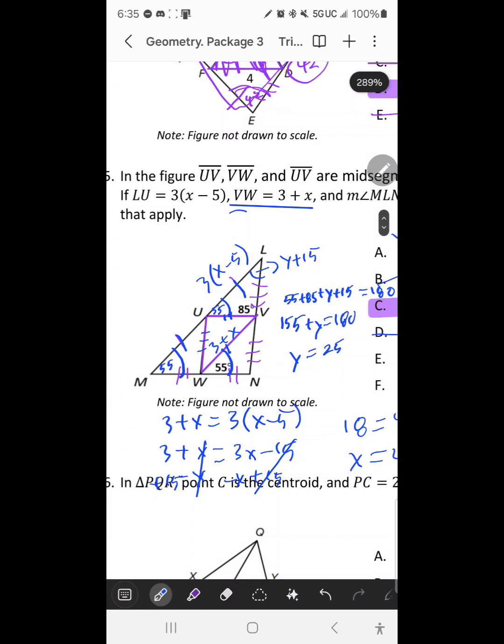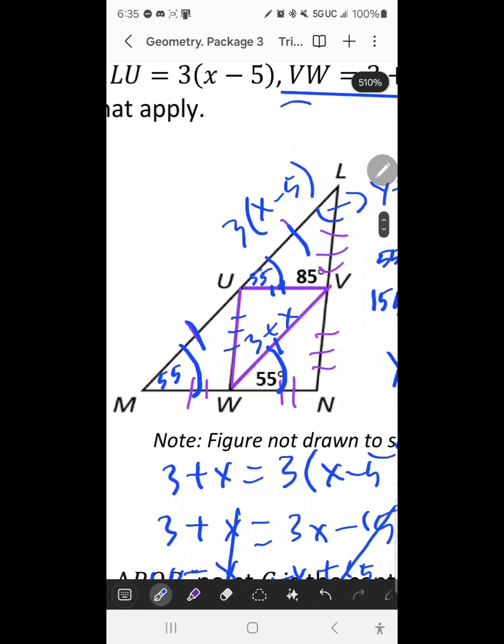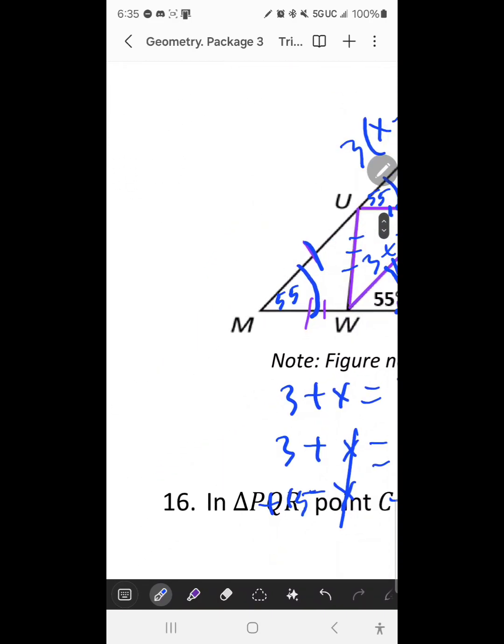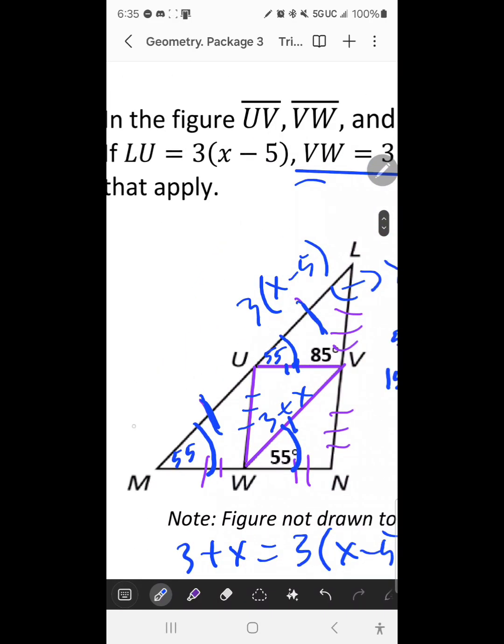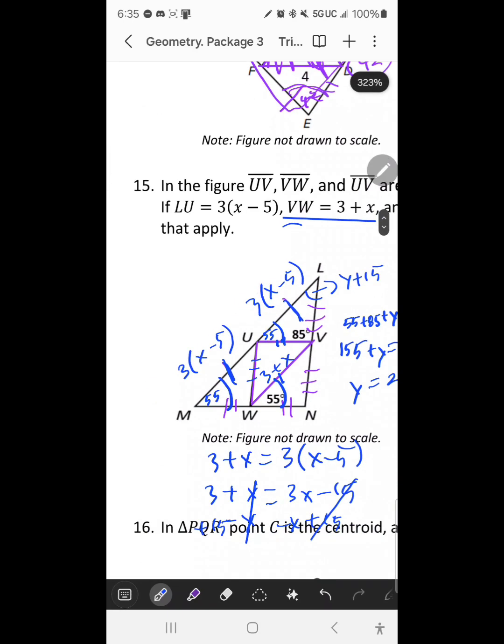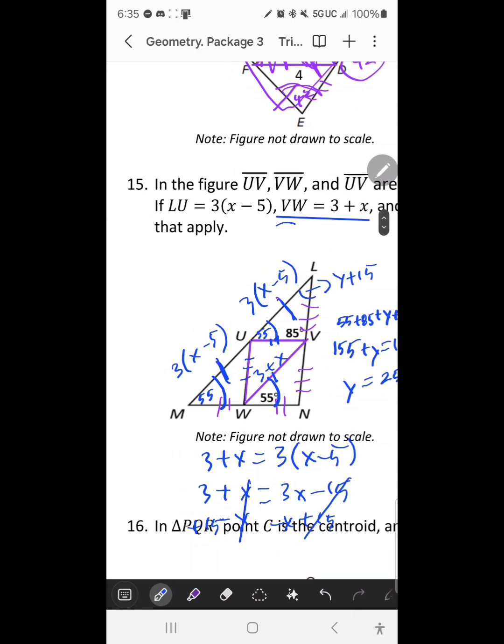Now we want to calculate this side. This side is equal to this side, equal to this side, so this is also going to be 3x minus 5, and we know the value of x. Let me just see one thing.